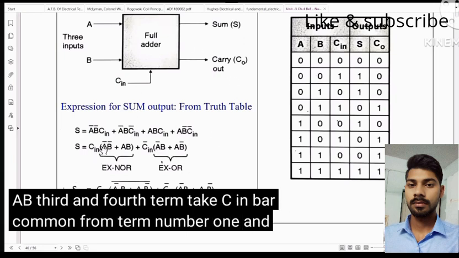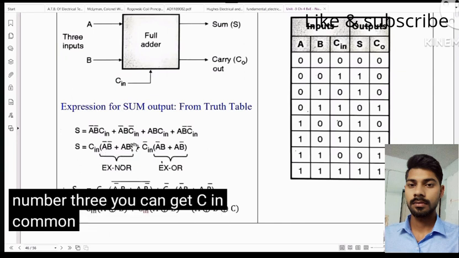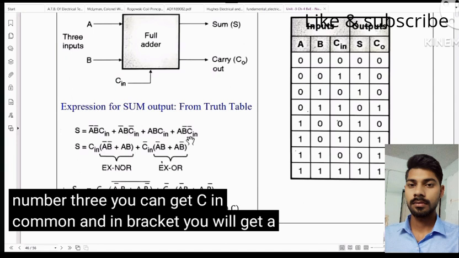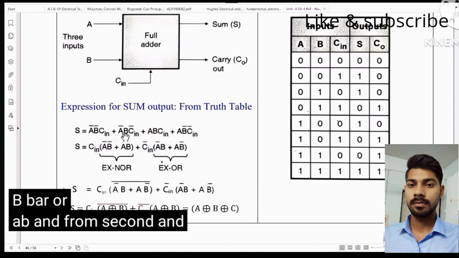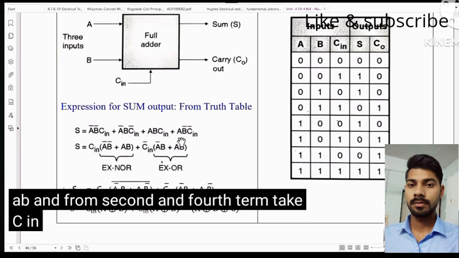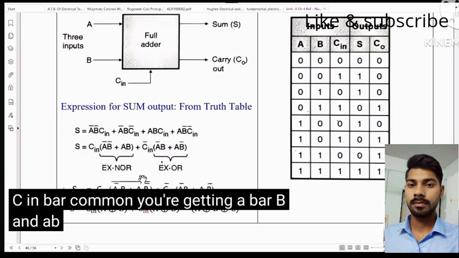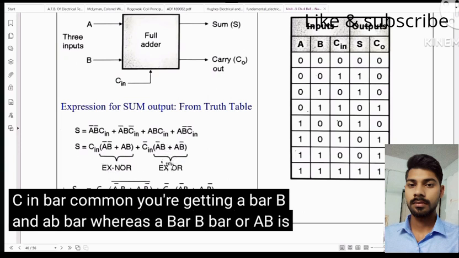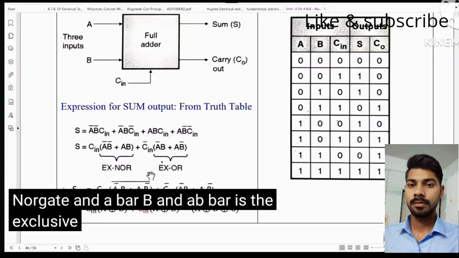From term number 1 and term number 3, you can get C in common, and in bracket you will get A bar B bar or AB. And from the second and fourth terms, take C in bar common. You are getting A bar B and AB bar. Whereas A bar B bar or AB is the exclusive NOR gate, and A bar B and AB bar is the exclusive OR gate.